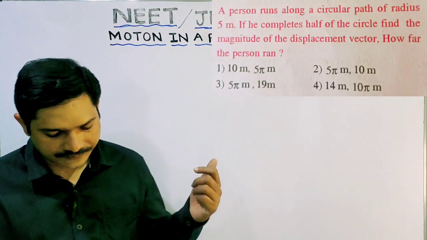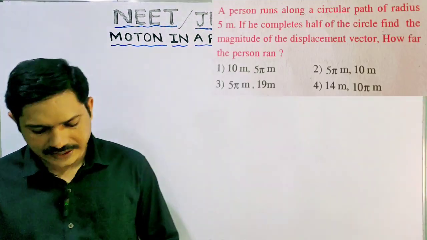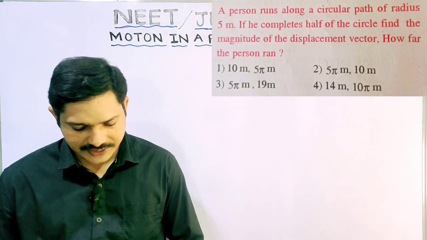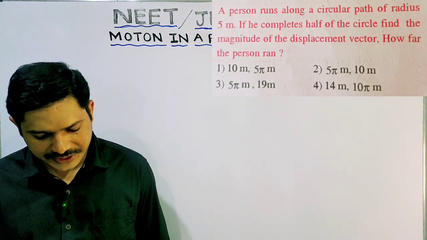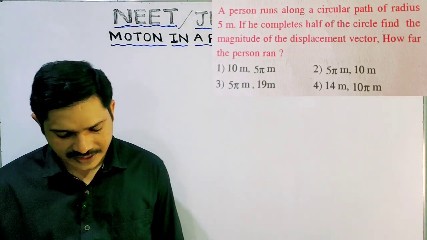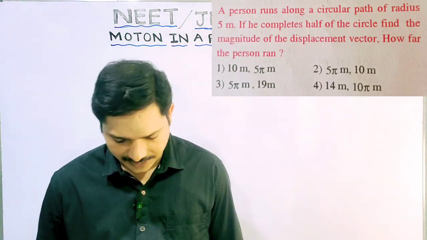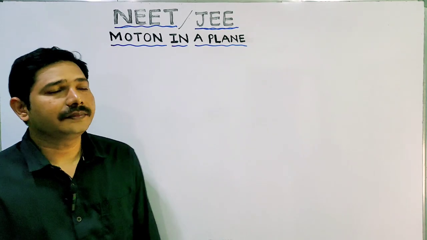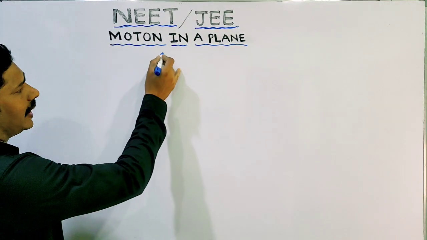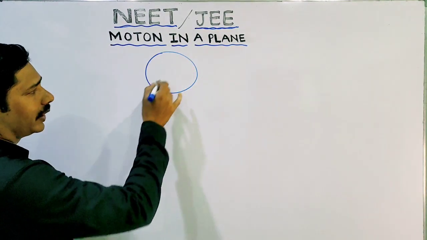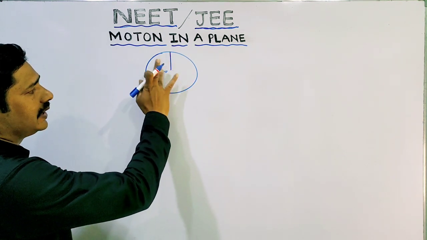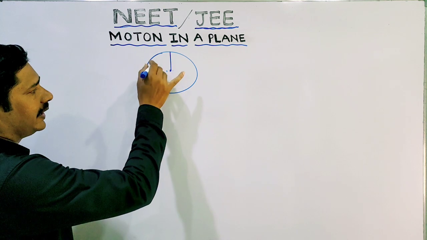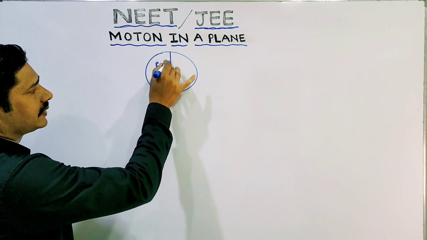Okay, you can check. A person runs along a circular path of radius 5 meters. If it completes half of the circle, find the magnitude of the displacement vector and how far the person ran. Here a person ran along the circular path, and the radius given is 5 meters.